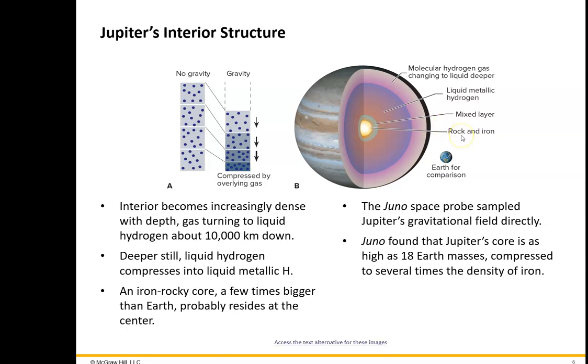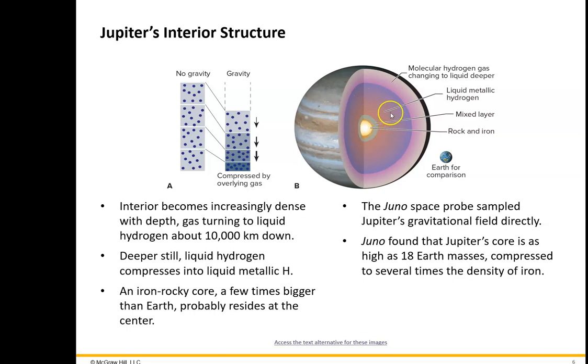All right, so it turns to liquid, and then even as you go deeper and deeper, because we know the mass, we use the physics of what's sometimes called hydrodynamics.